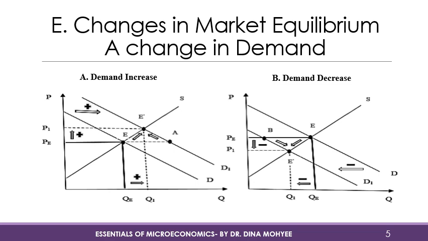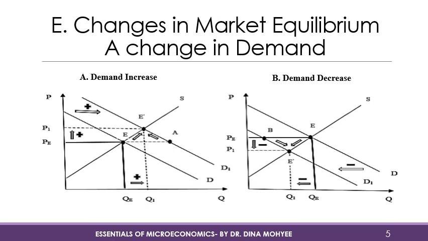For example, if there is an increase in income of consumers, the demand curve will increase and shifts to the right, as we see in the figure at the left. When the demand curve shifts to the right, to D1, we can see that this causes a disequilibrium in the market.